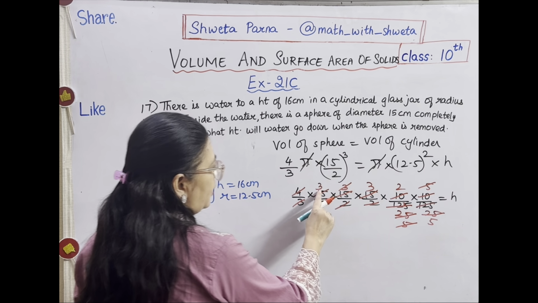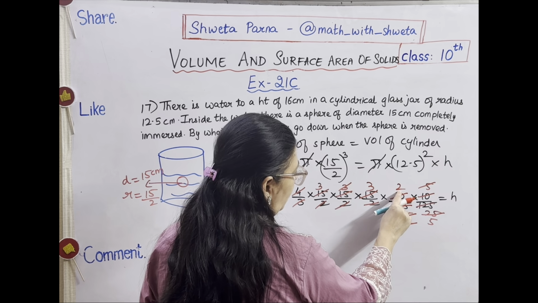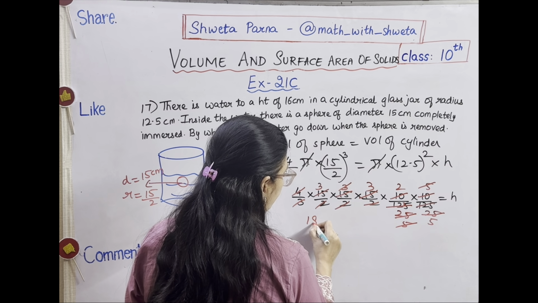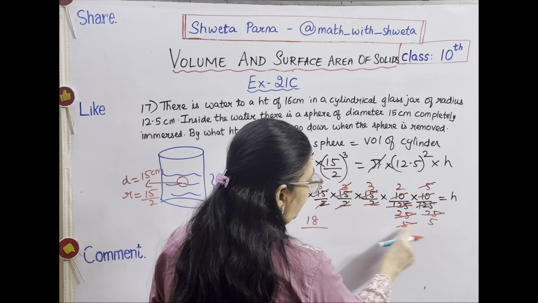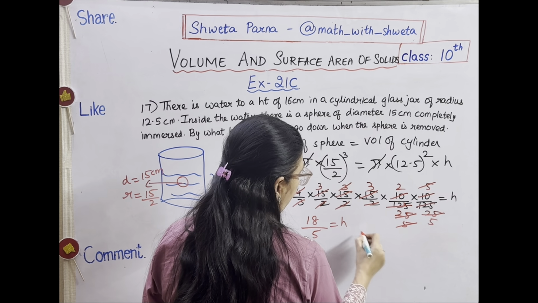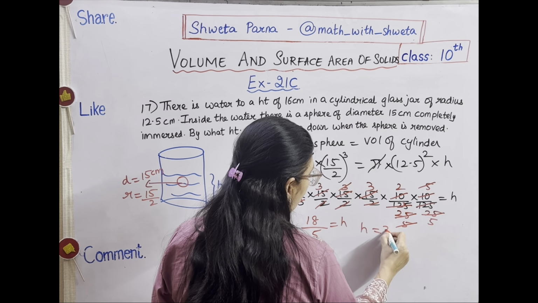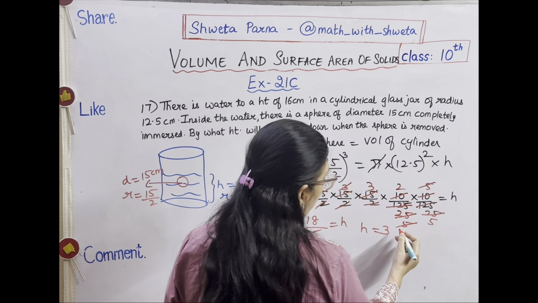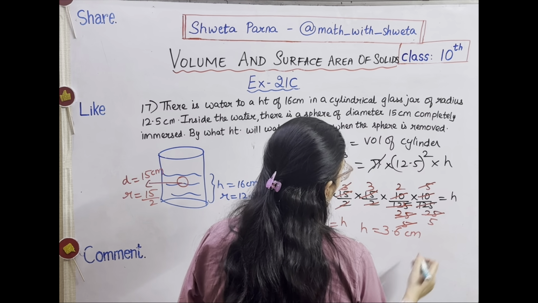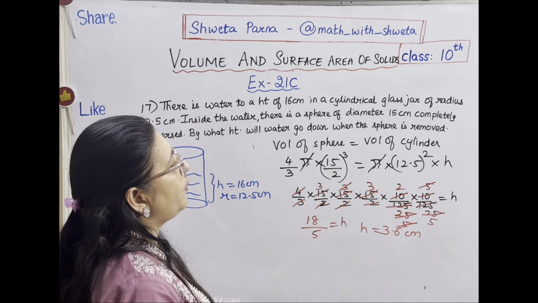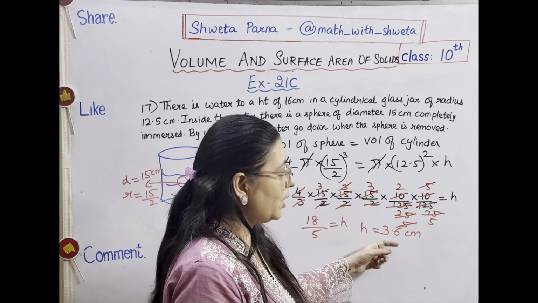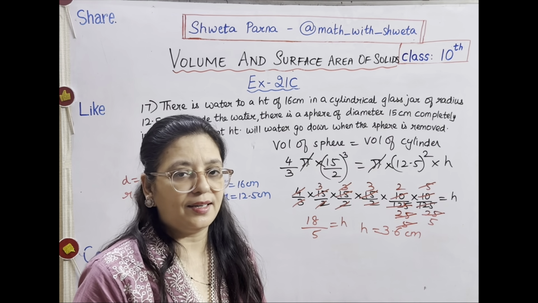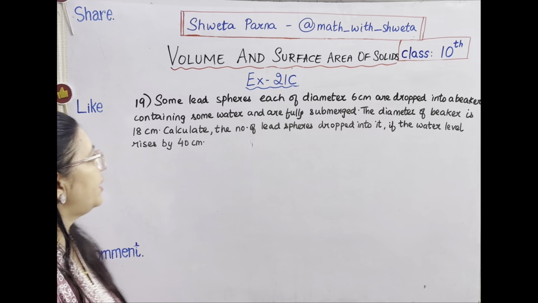Now what is left? 3 into 3 is 9. 9 into 2 is 18. Denominator 5 is left. That is the height. So height is 15.6 centimeter. So the water level will go down by how much? By 3.6 centimeter. Go to question number 19, children.